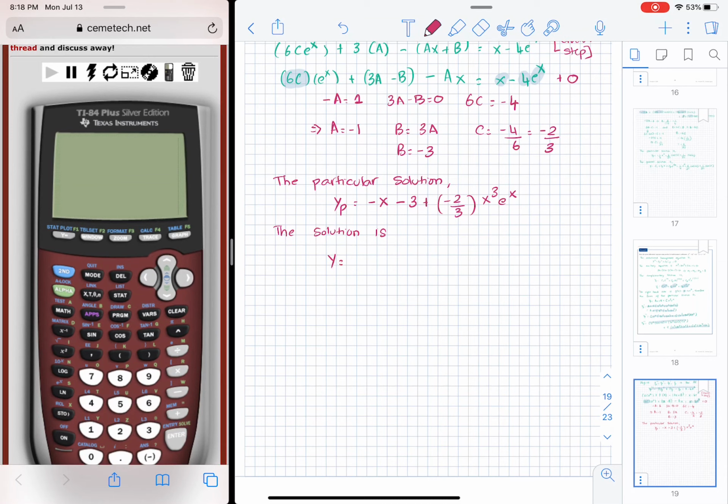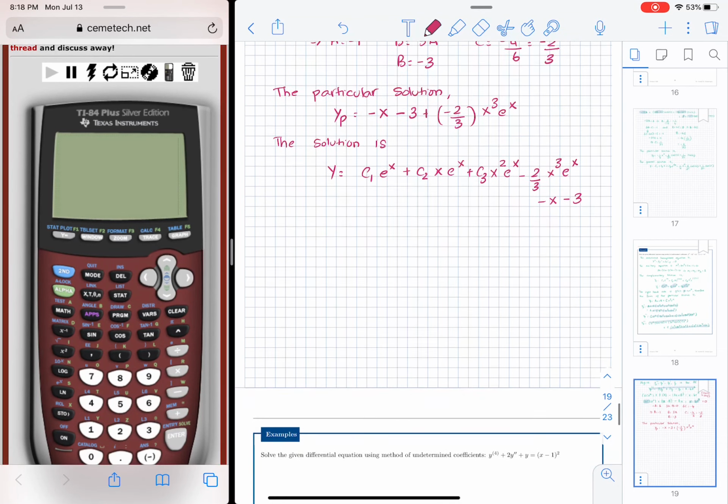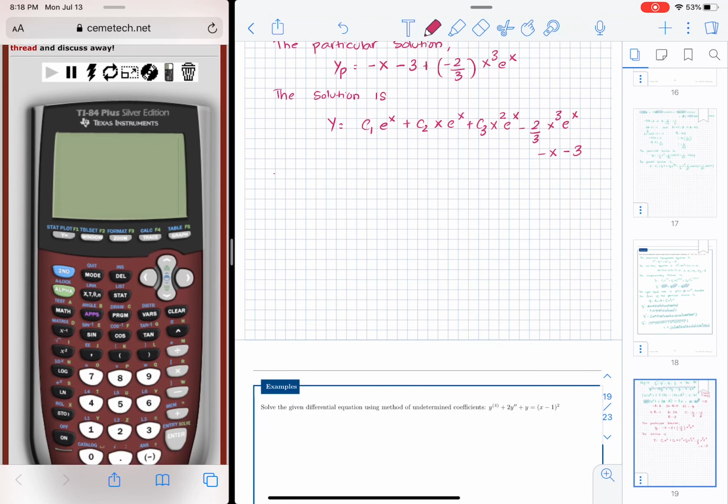y equals c1 e raised x plus c2 x e raised x plus c3 x squared e raised x minus 2 over 3 x cubed e raised x minus 3. I could pull the e raised x out.